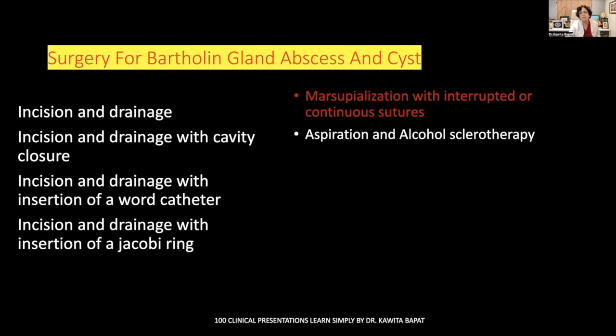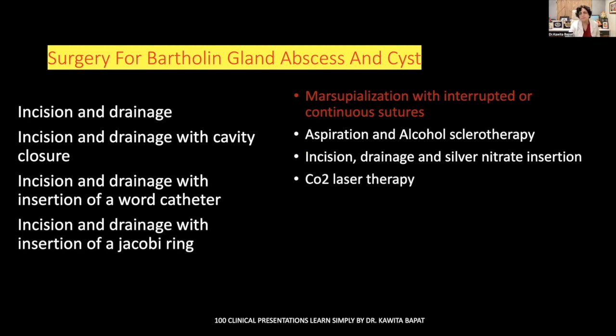Aspiration and alcohol sclerotherapy is another treatment. Then incision and drainage with silver nitrate insertion. Sometimes carbon dioxide laser therapy is also a very good treatment. Cryotherapy for Bartholin gland abscess and cyst is also there. And total cyst excision is very important.